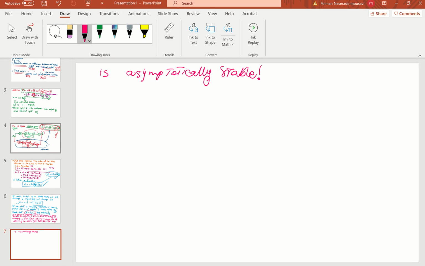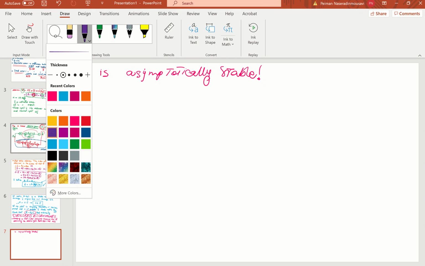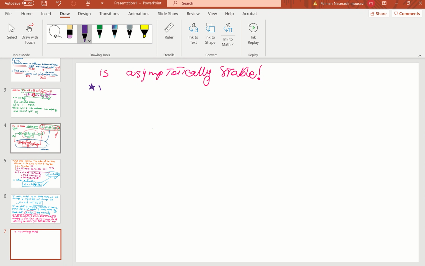So you see that it's the same problem as designing the controller. Simply, designing the observer is again a pole placement problem.